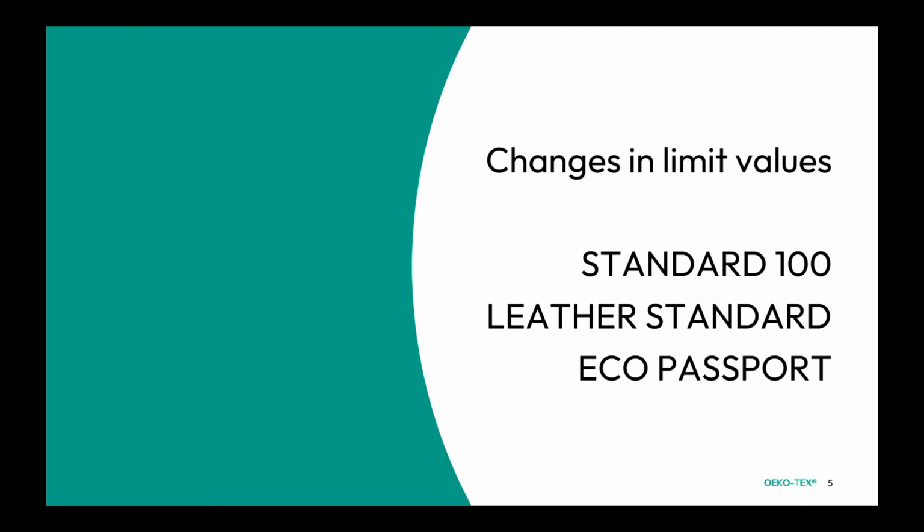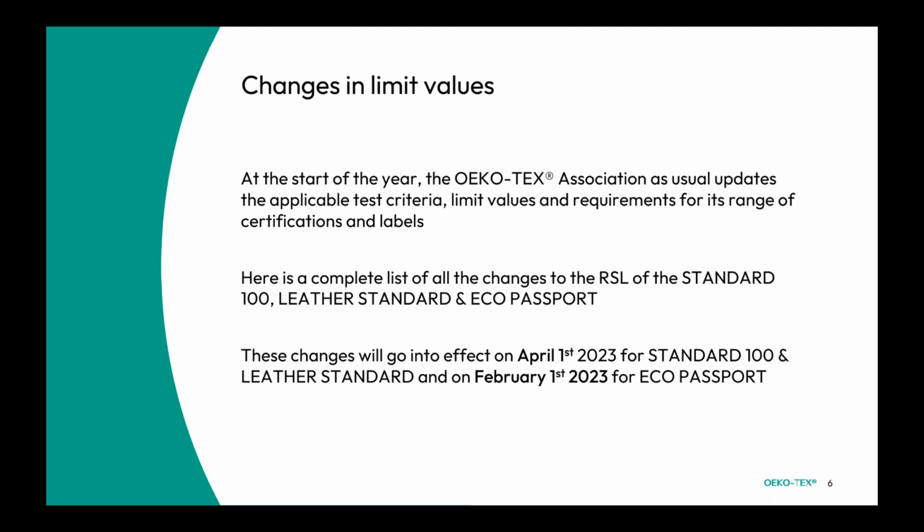Probably the biggest portion of today's new regulations and changes is the changes in limit values, specifically for the Standard 100, the Leather Standard, and the Eco-Passport. At the beginning of each year, the OEKO-TEX Association updates the applicable test criteria, limit values and requirements for its range of certifications and labels.